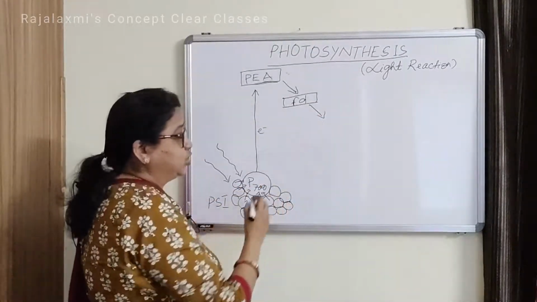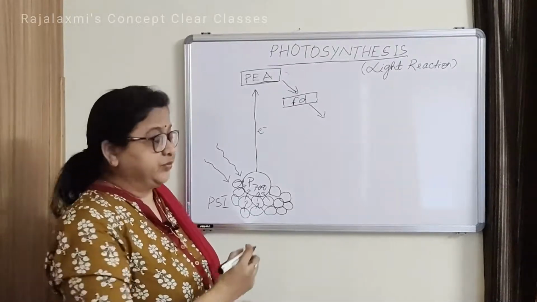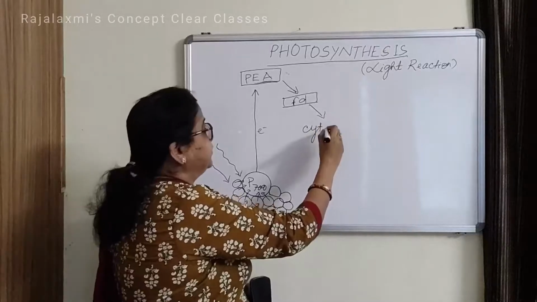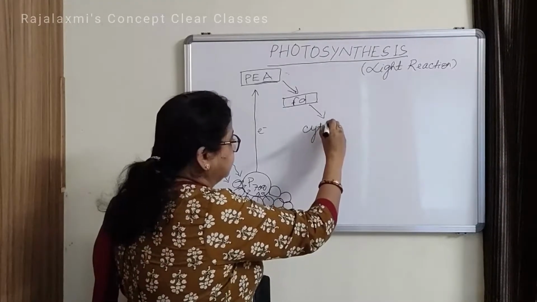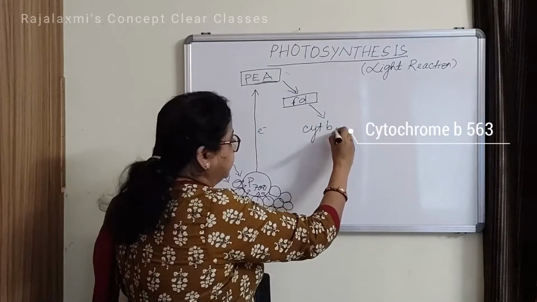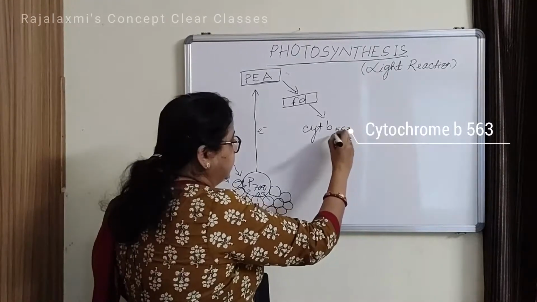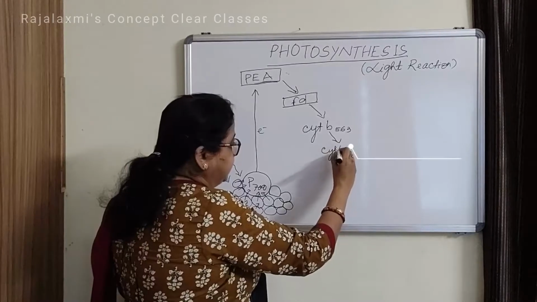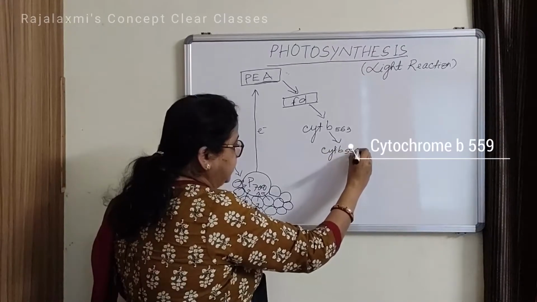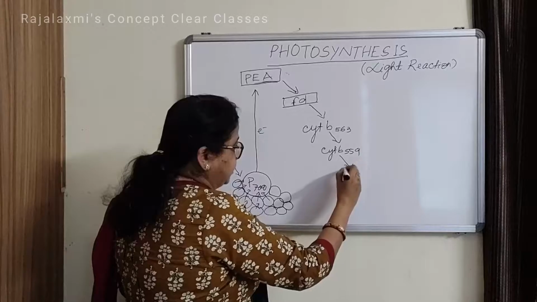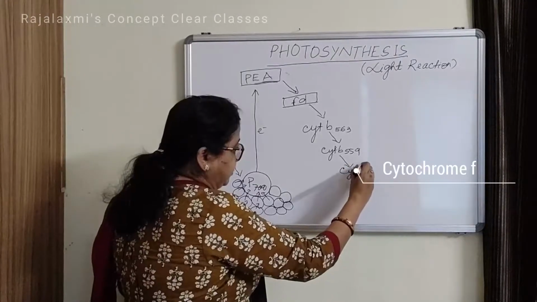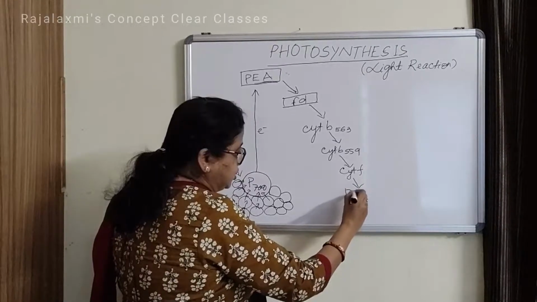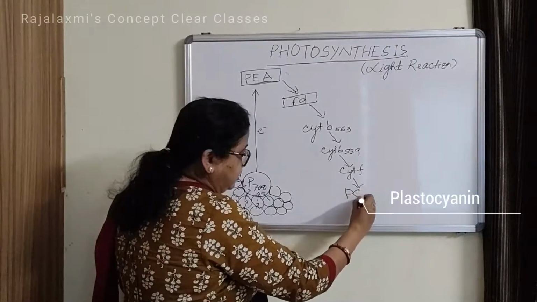Then it moves through a number of cytochromes, that is cytochrome B563, another cytochrome B559, then cytochrome F, and then comes to plastocyanin.